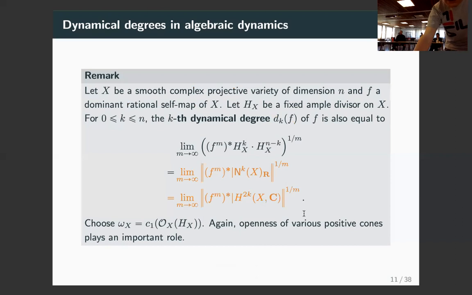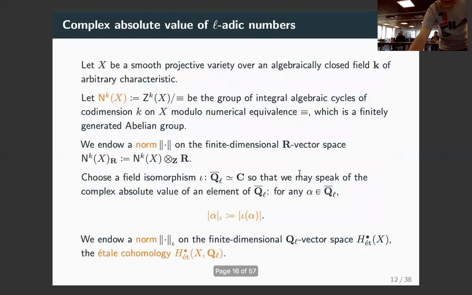Okay, so now we have almost arrived at the so-called dynamic degree comparison. We are interested in this inequality: the limit of the pullback action of the m-th iterate on the numerical group, and the pullback action on the 2k-th cohomology group. Here we see that when X is a smooth complex projective variety, we have this identity. But our question is, what about an arbitrary field?